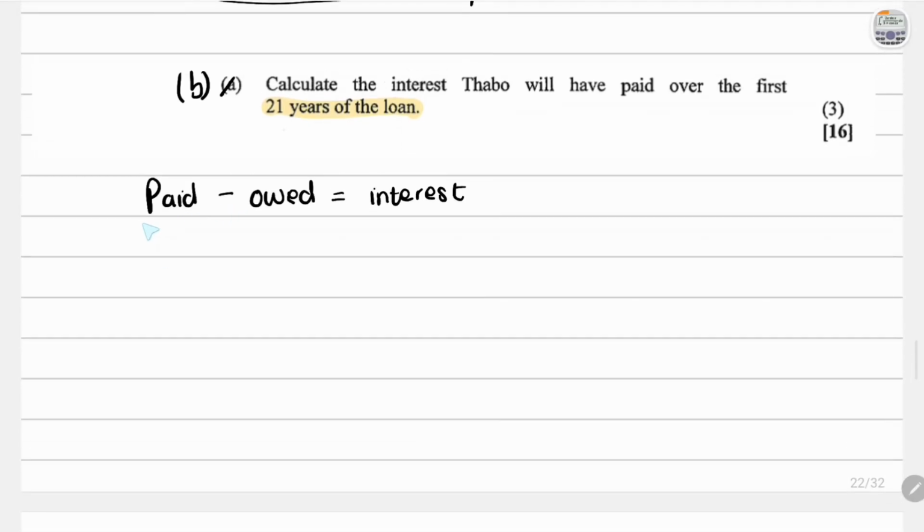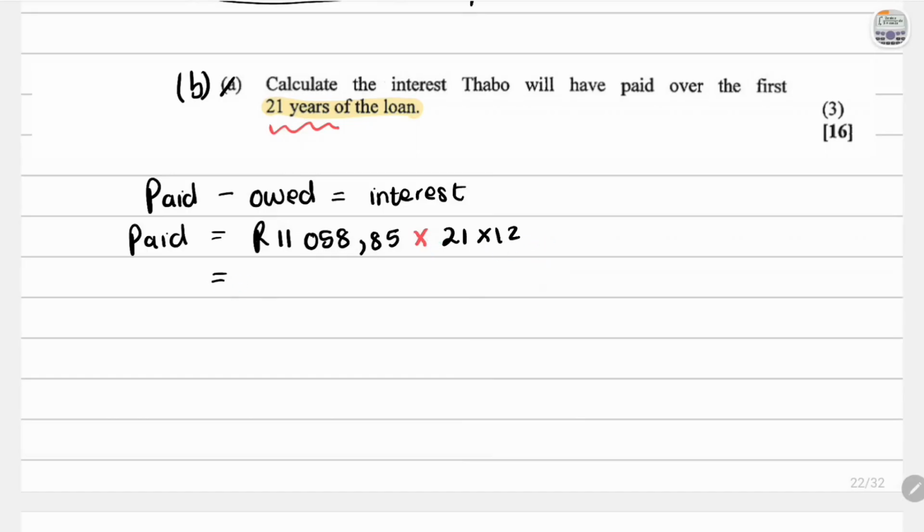To find out how much he paid, this is quite simple because we know how much he's paying every month. He pays 11,058.85 cents every month, right? And since we're looking at this within the range of 21 years, we're going to say multiplied by 21. And of course, he's paying this every month, not just every year, so we will say times 12 as well.